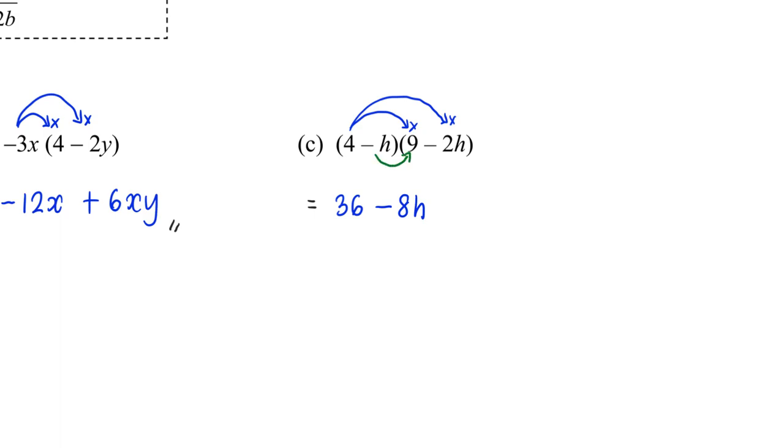Negative h multiplied by positive 9, negative 9h. Negative h multiplied by negative 2h, negative times negative, positive 2h square.